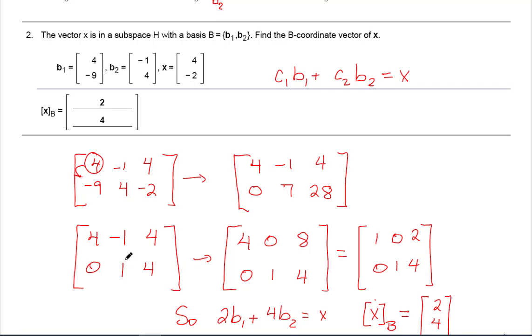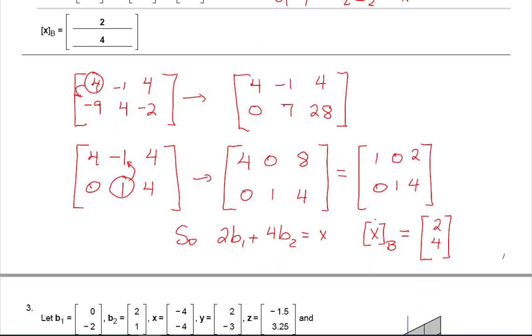And so now use this 1 to make a 0 above it. Just simply add them up. And now to finish it off, I can divide through by 4, giving me that my constants are 2 and 4. So relative to that basis, x in its coordinates is 2, 4.